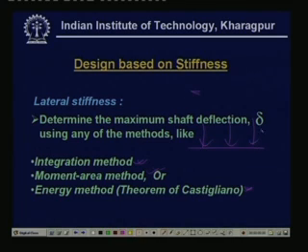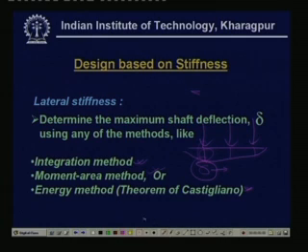A shaft acted upon by various loads will have a deflection pattern, very exaggerated, like this. We understand that this is the maximum deflection occurring. If we can find this deflection and design within a certain limit, then of course it will satisfy all other conditions.